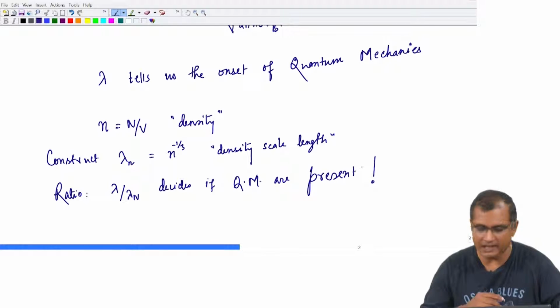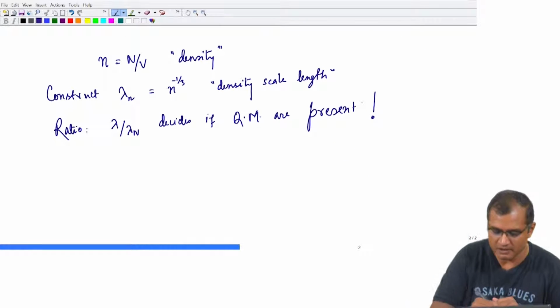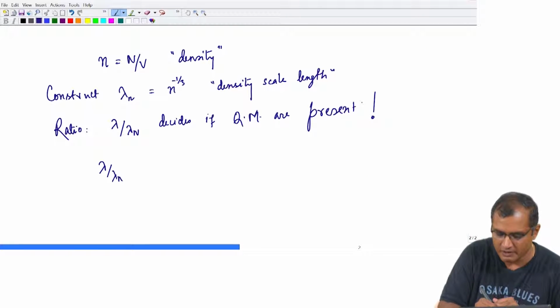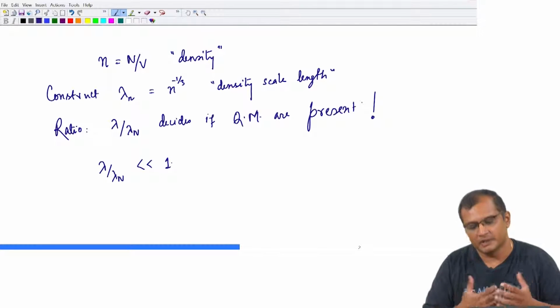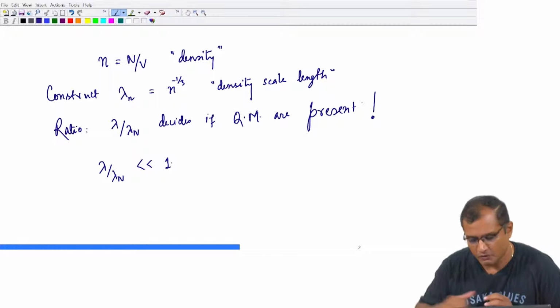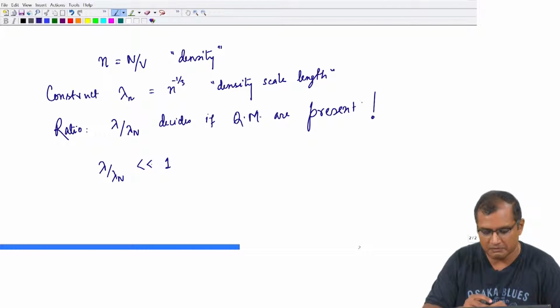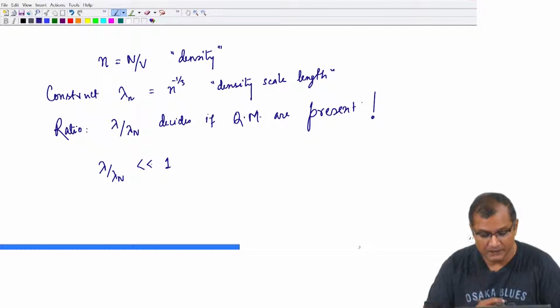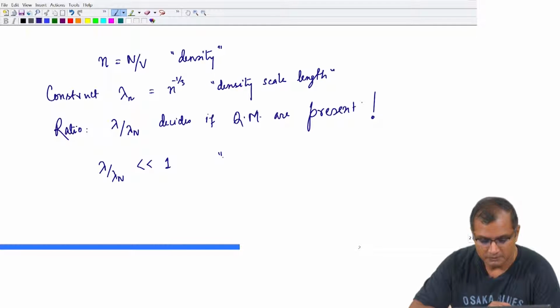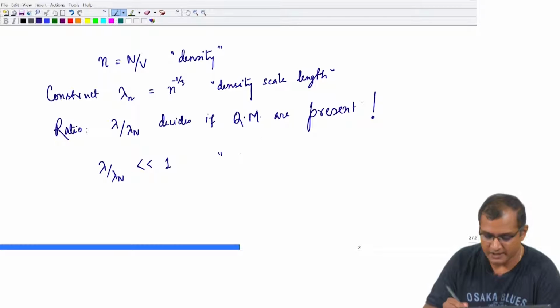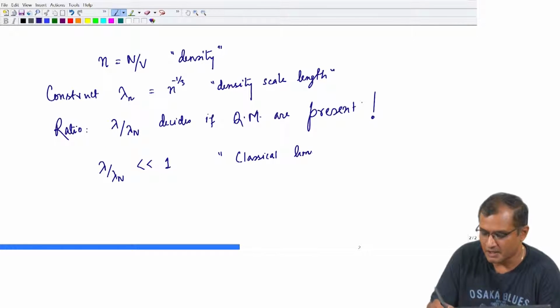When will lambda by lambda n become much smaller than 1? Well, certainly when your density is very low. So, lambda over lambda n simply tells me that this is the classical limit where your lambda n is much larger than lambda.